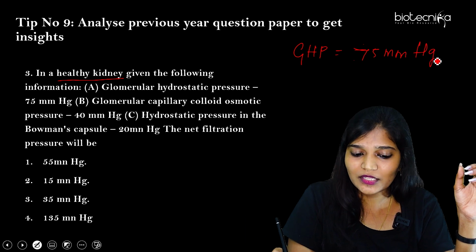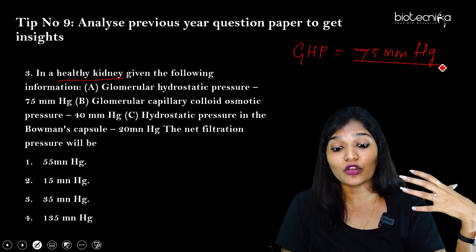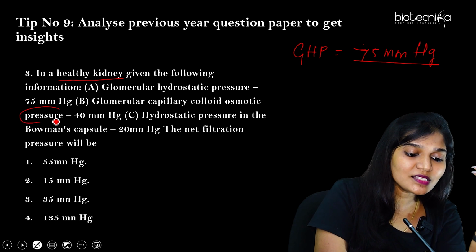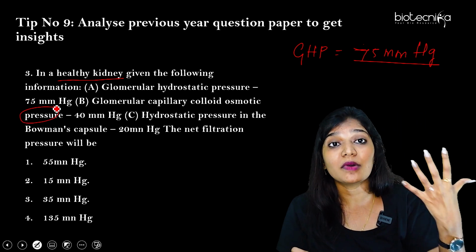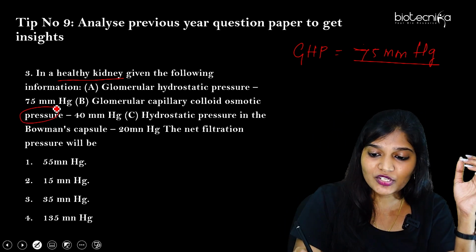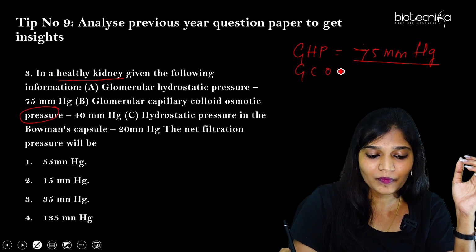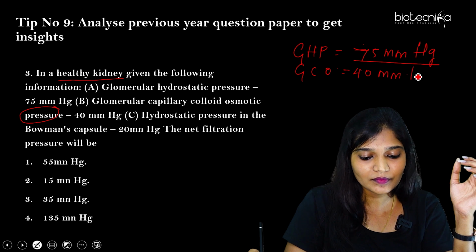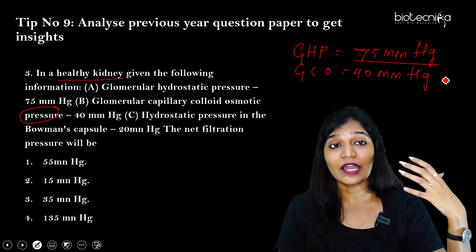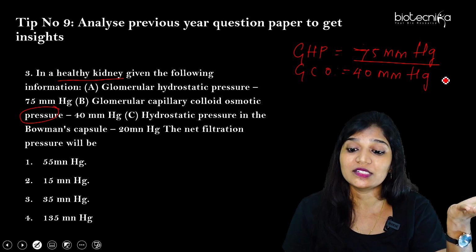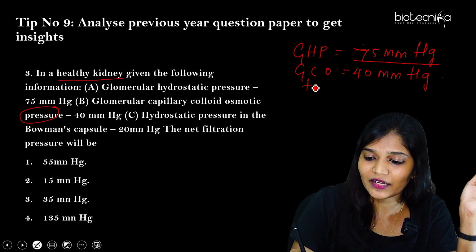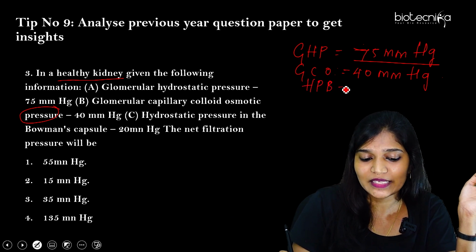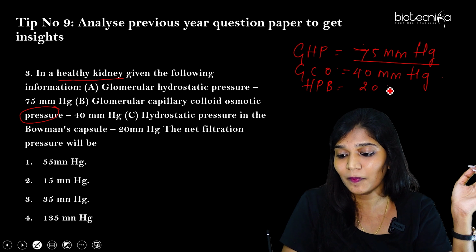The next one is the glomerular capillary colloid osmotic pressure, a pressure created by the plasma proteins. I'm writing GCOP as 40 mmHg. The next one is the hydrostatic pressure in the Bowman's capsule. I'm writing hydrostatic pressure in Bowman's capsule as 20 mmHg.